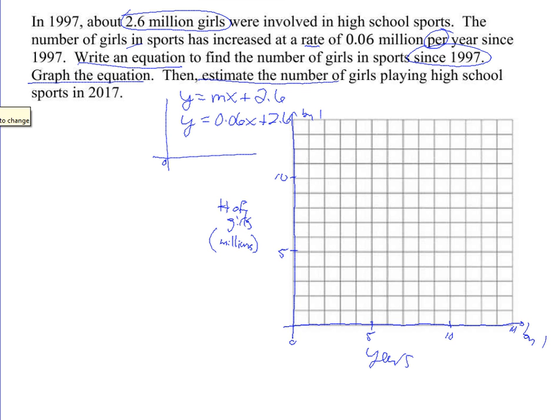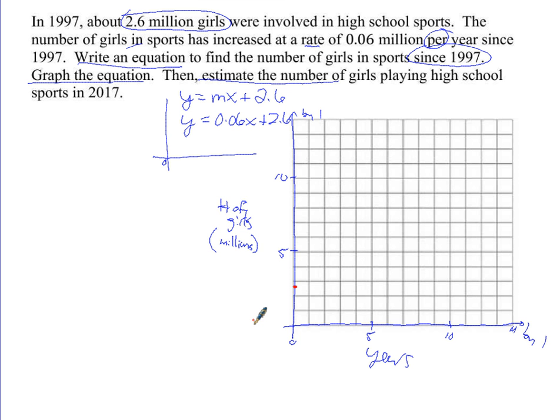Okay, we're ready to graph. Y-intercept is 2.6. 1, 2, and then 0.6 is probably like right there. Okay, now how do I graph the rest? We're going up by 0.06, and then over by 1.